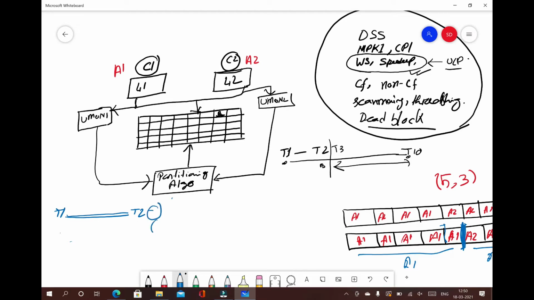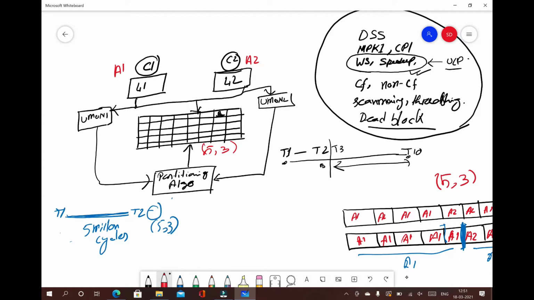Okay, and now the partition is 5,3. Now this time is called a fixed time period, maybe 5 million cycles, suppose. Once the partition has been decided as 5,3, this LLC will work as 5,3.